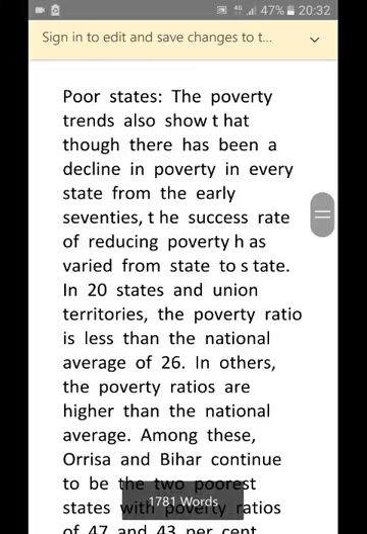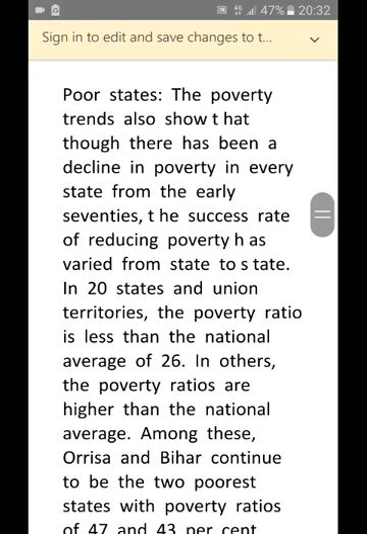Poor states. The poverty trends also show that though there has been a decline in poverty in every state since the early 70s, the success rate of reducing poverty has varied from state to state. In 20 states and union territories, the poverty ratio is less than the national average of 26%.